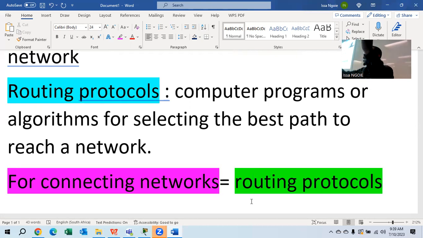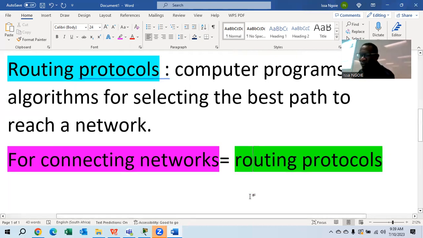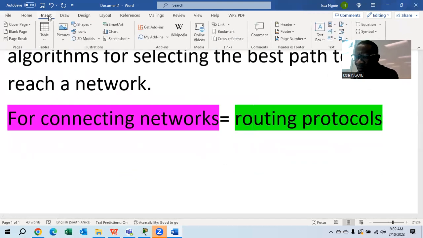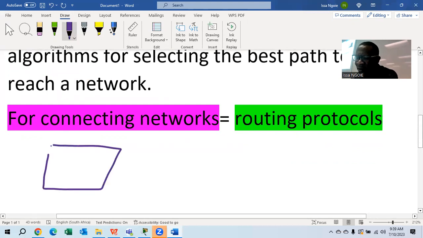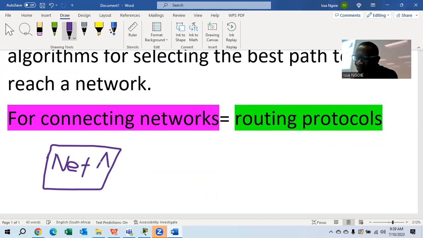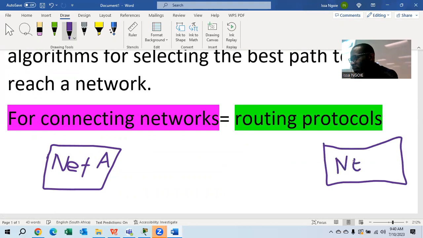Right? Like these computers, they are in computer A. Okay, let me draw it like this. Let's say here, it's my network A. There is my network B, right?